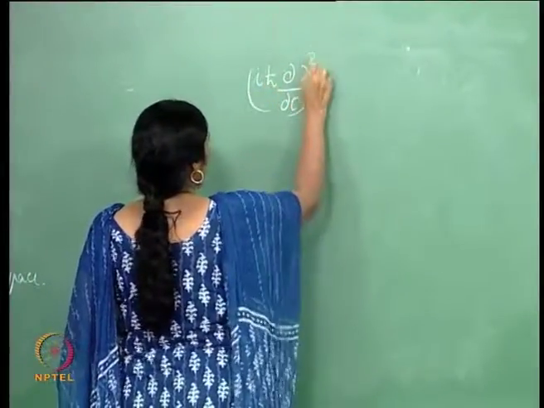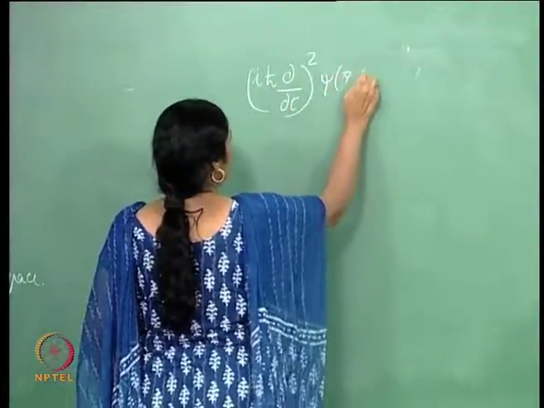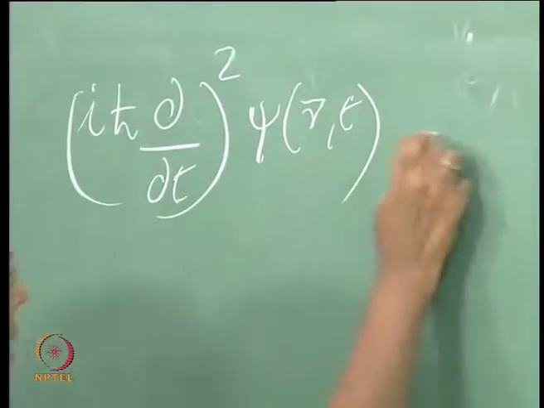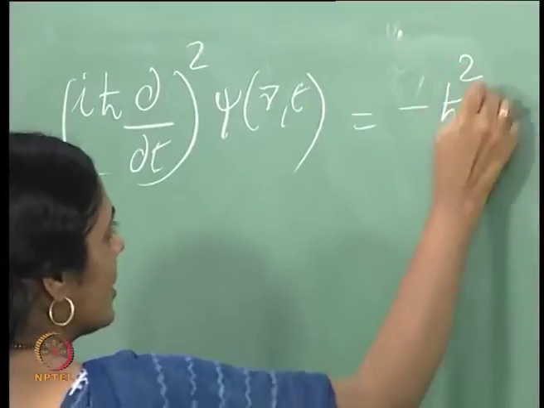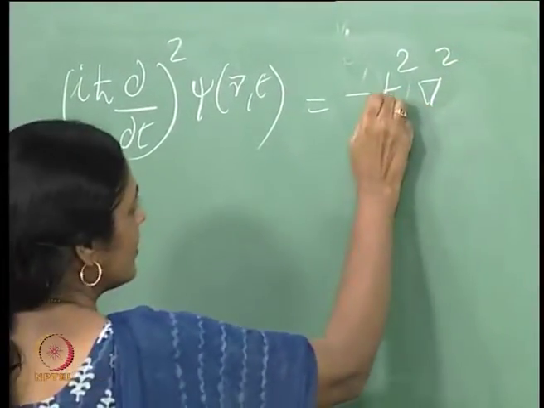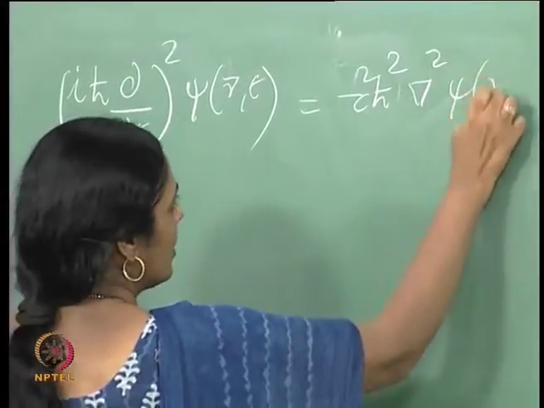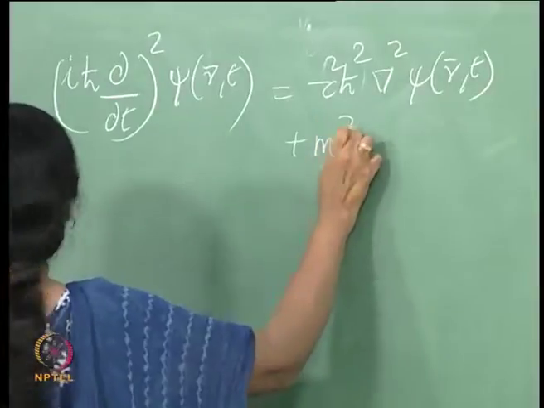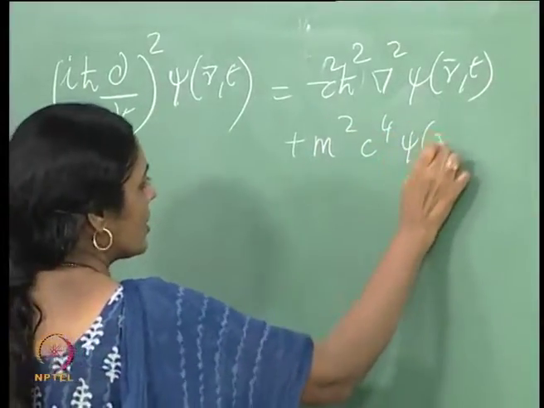That's an E squared, and it's supposed to act on psi of r, t because it has now become an operator in quantum mechanics. Then there is P squared, there is a c squared, which is a constant that can be pulled out, plus m squared c to the power of 4 acting on psi of r, t.